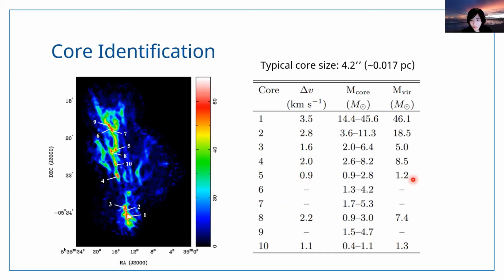So this is probably why core number 5 has the highest mass to virial mass ratio, since it should be gravitationally bound. Also, the southern OMC1 is already a well-known star-forming region known as the Orion Molecular Cluster. This can also explain why the cores in the southern region have larger line width.